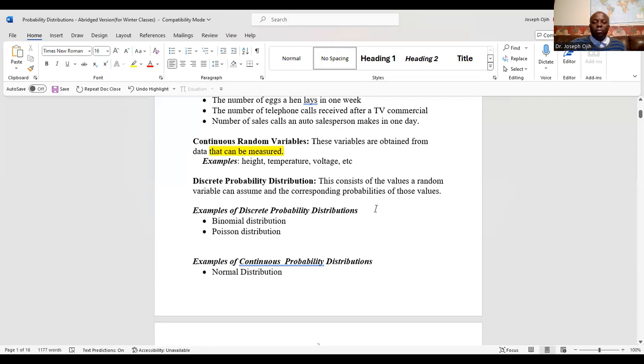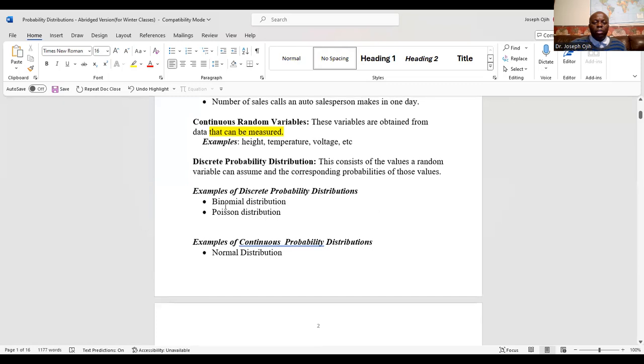There are several types, but for this class, we're focusing only on the binomial. You can see the examples: binomial distribution, Poisson distribution. We focus only on the binomial distribution.